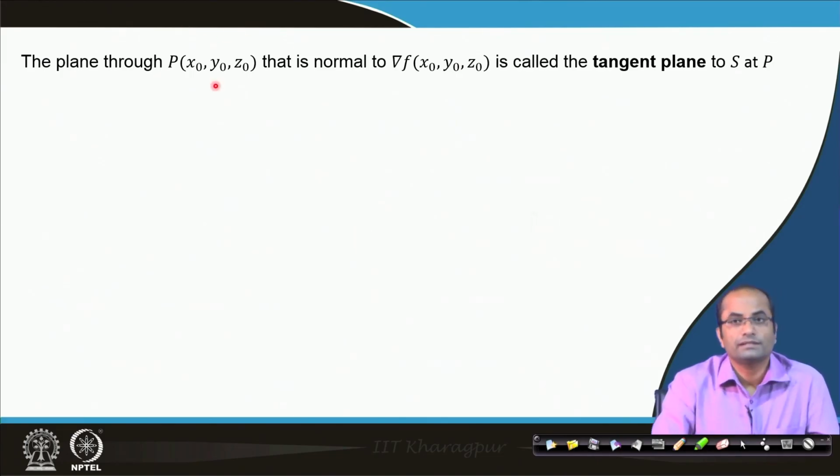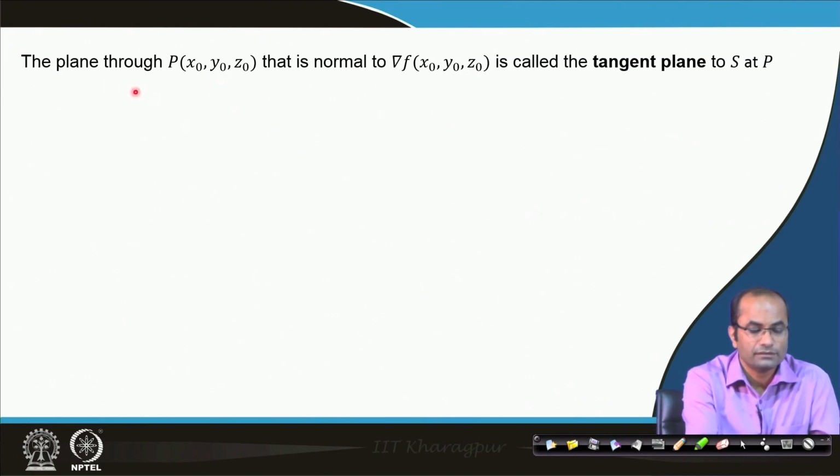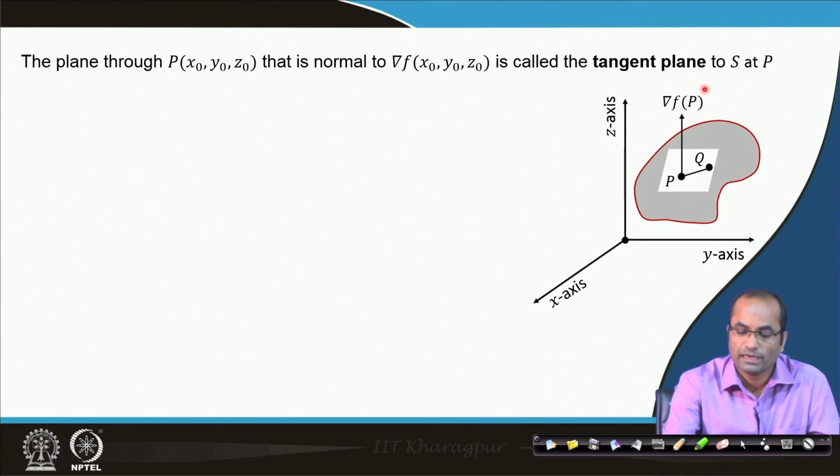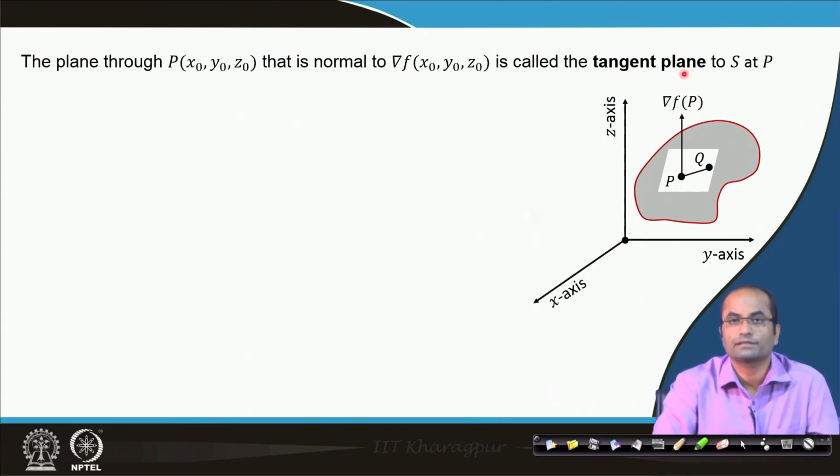To get the equation of the tangent plane, we can again consider that this is the surface, and then at P we have computed this del f, which points in the direction of the normal to this tangent plane.